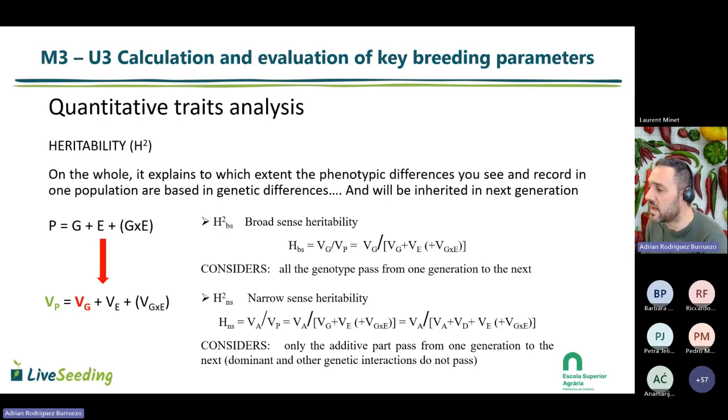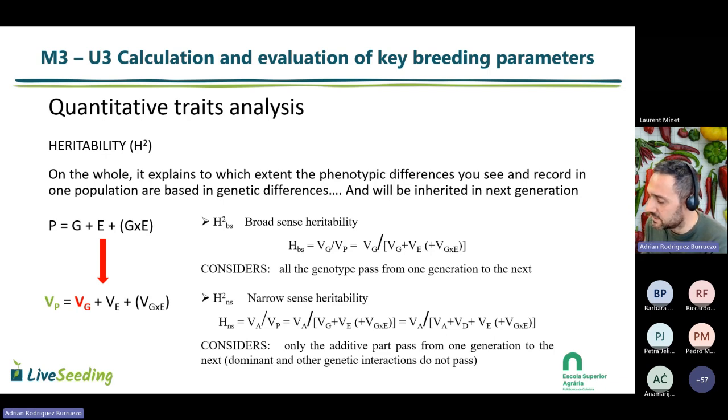And we have also narrow sense heritability. In this case, the part of the variance which is in the upper part is the additive variance divided by the total or phenotypic variance. It's more strict, it's a narrow sense heritability. Okay, and usually it's smaller than the broad sense heritability.